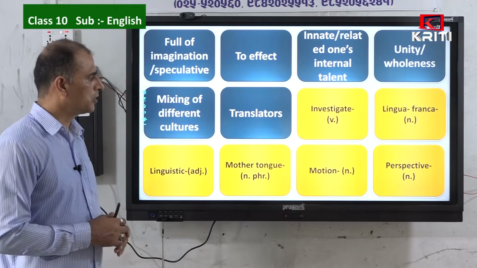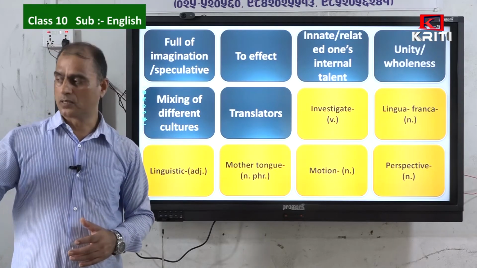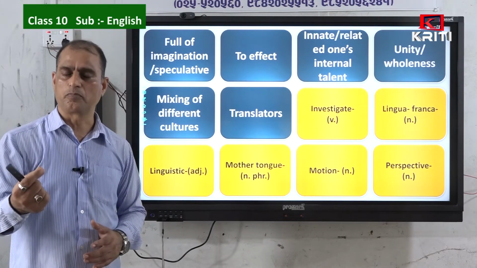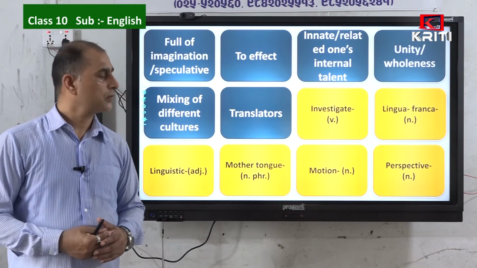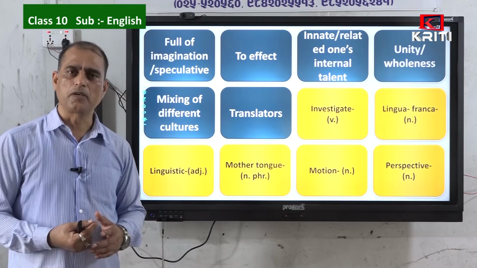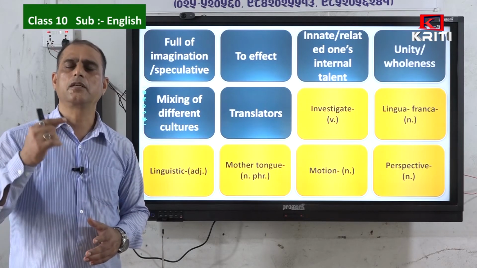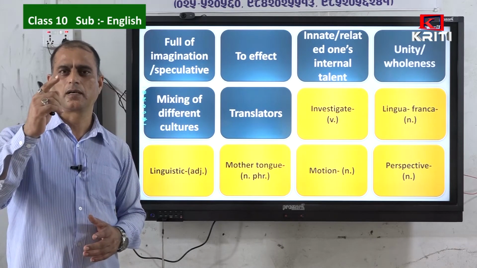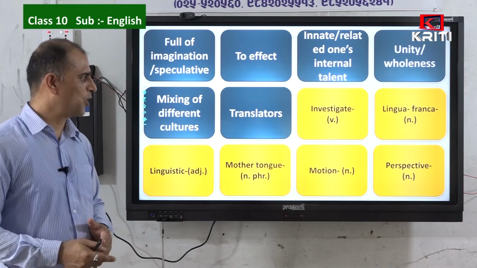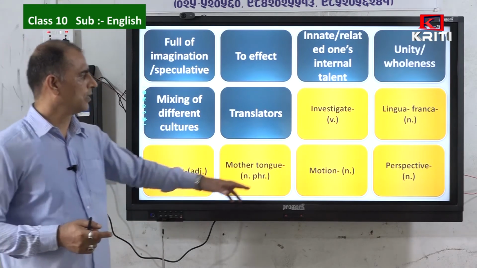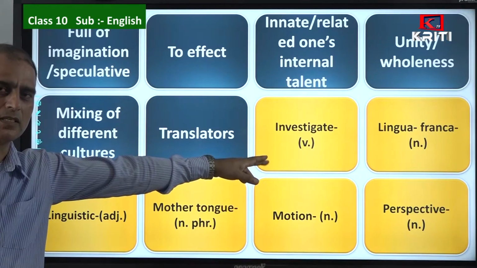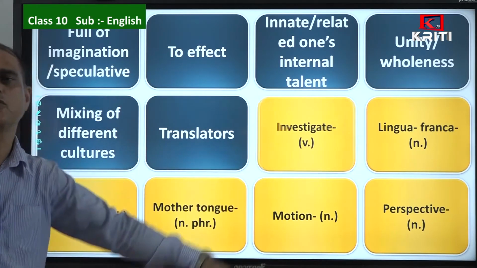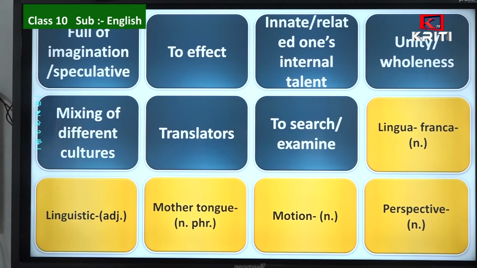Sometimes they burn houses, sometimes they kill or murder people. In that situation, who murdered the people is investigated. Investigate means to examine or search out something, to search out the hidden things. That is the word investigate in verb form.